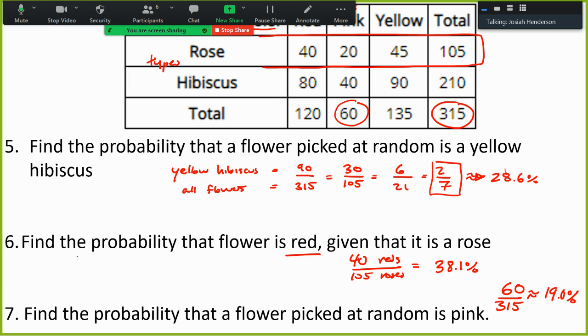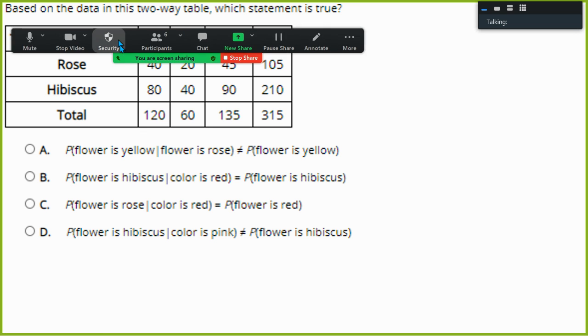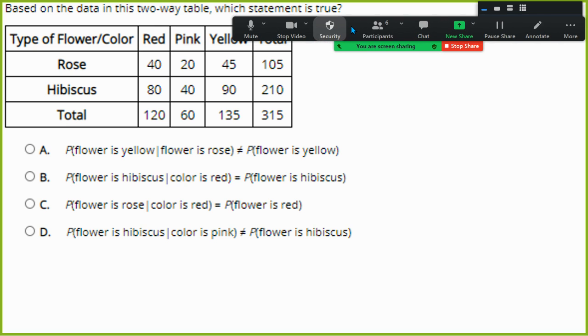So how would I write number 6 using that? It would look like this. Probability, P, of picking a red, given that you've already honed in on roses, given that it's a rose. So when we write it out, the second part, the given that part, goes after that straight vertical line inside the parentheses. I see one question, maybe more, that will use that. So if you get that question and you want help on it, feel free to ask and we'll do it together.